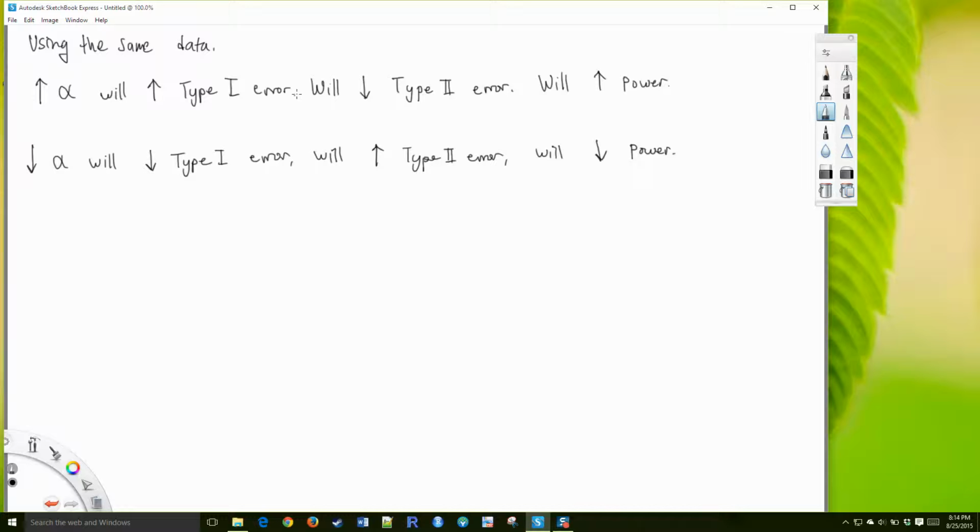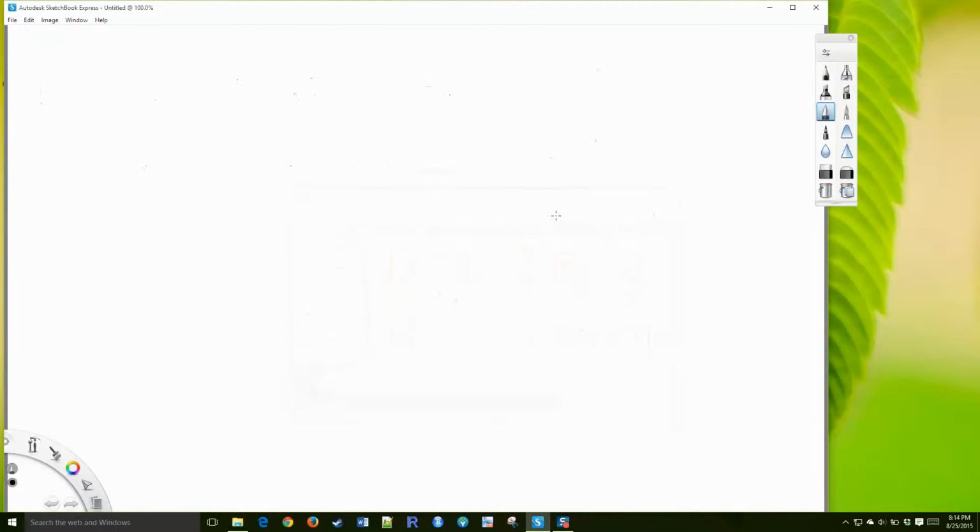Is this okay? All right, so I know this is all very abstract because it's just alphas and betas and type 1 and type 2 error. Let's put this into some context here, okay? All right, so think of a criminal case, okay? Criminal court trial.